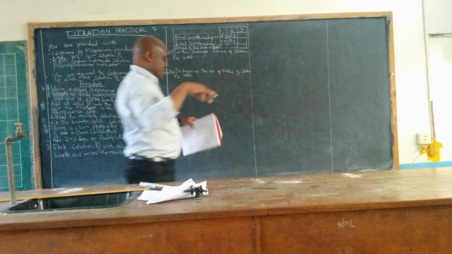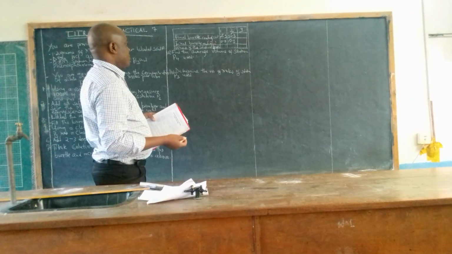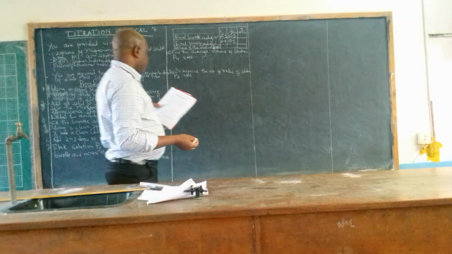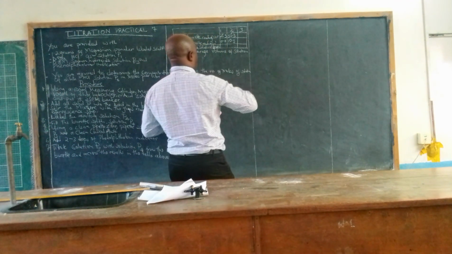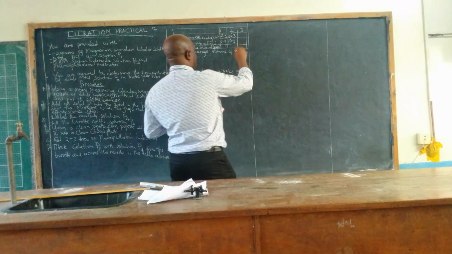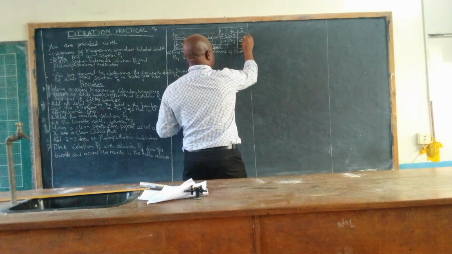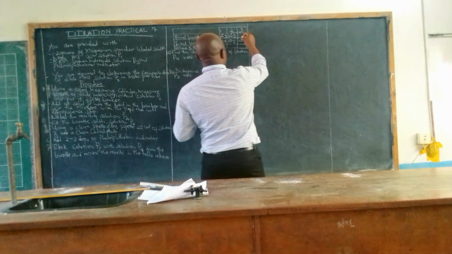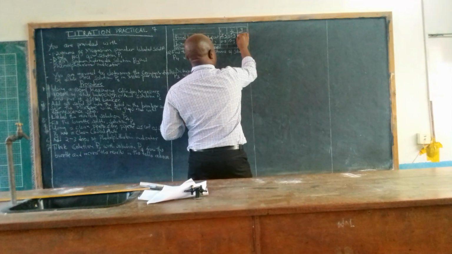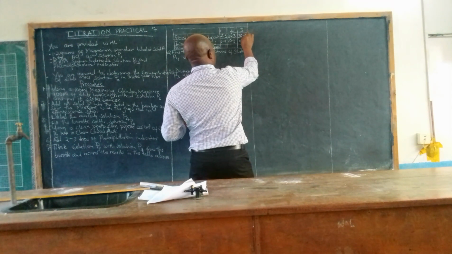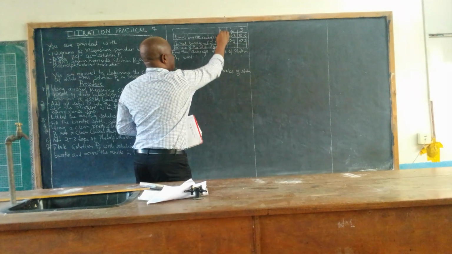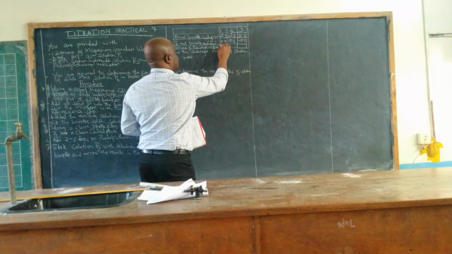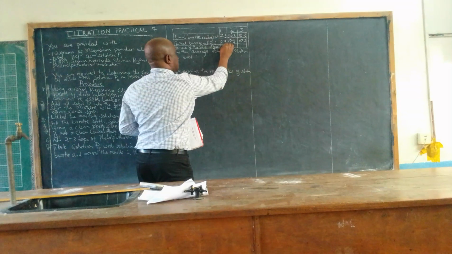Then we refill the burette again, maybe let us say we have refilled the burette up to the 10.3 mark again. So now, in this case, it's going to be 35.3. So when we subtract this from this, then we shall get 25.3.